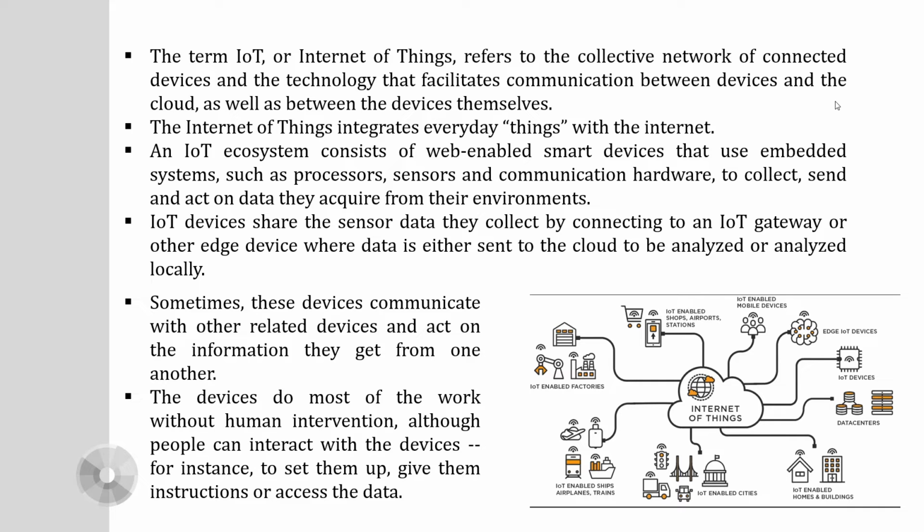An IoT ecosystem consists of web-enabled smart devices that use embedded systems such as processors, sensors, and communication hardware to collect, send, and act on the data they acquire from their environment. And next, IoT devices share the sensor data they collect by connecting to an IoT gateway or other edge device, where data is either sent to the cloud to be analyzed or analyzed locally.